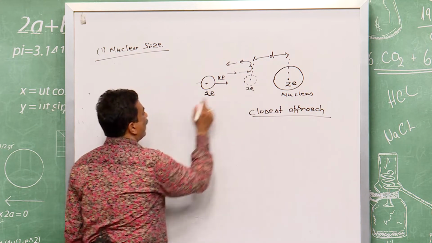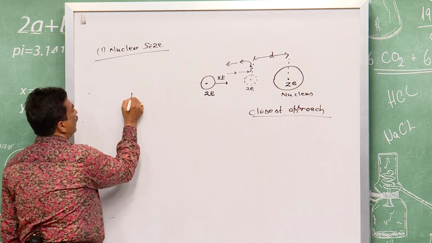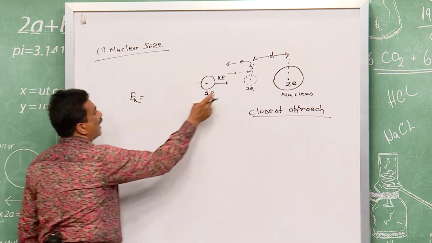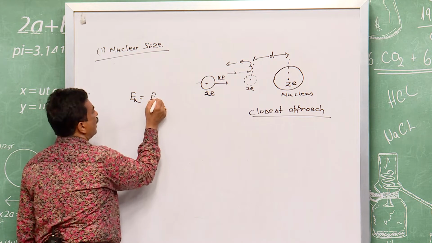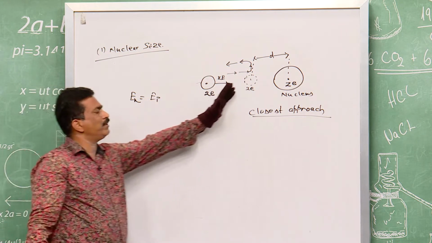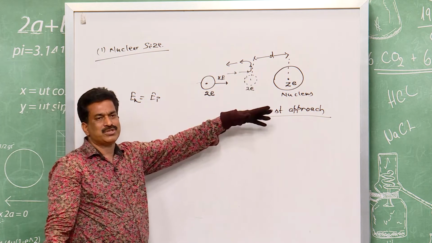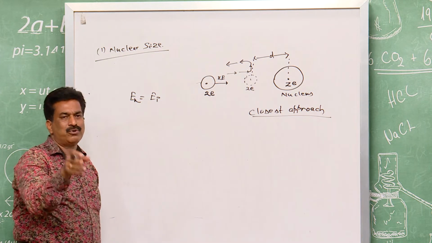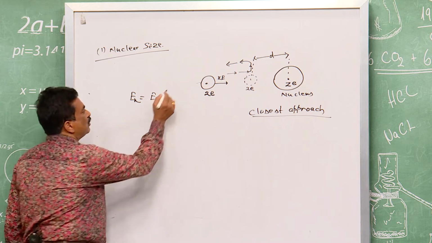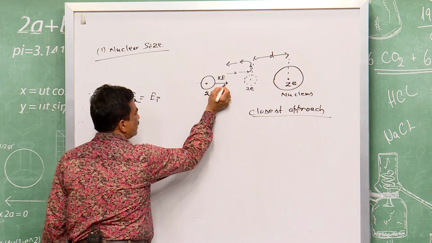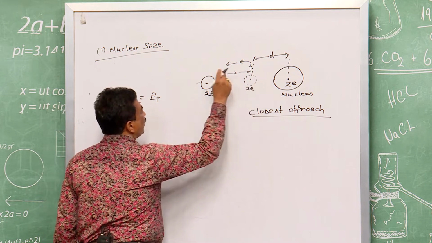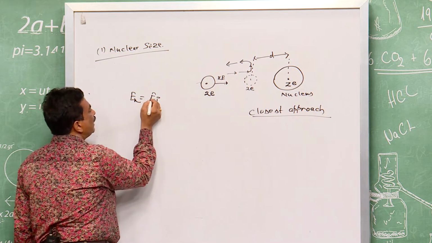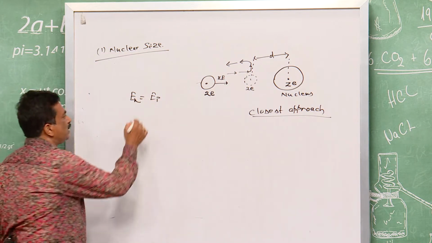So, here what happens? The kinetic energy now becomes potential energy, because it has come to rest. Due to position the energy is potential, due to motion the energy is kinetic. So here we have given the kinetic energy. When that kinetic energy becomes potential energy, Ek will be Ep.